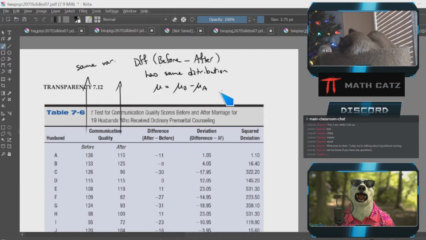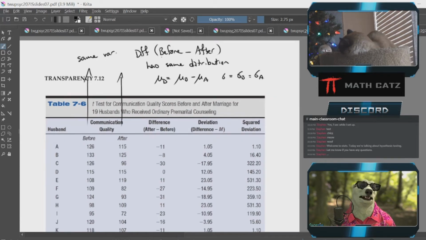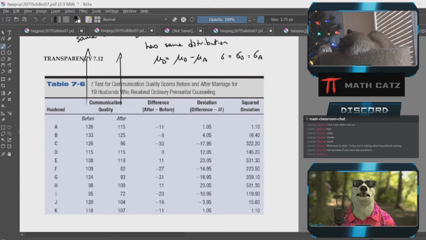Its variance will be the same as the before and the after variance. So the variance is a little different. We don't subtract those. The variance is the same throughout. So if we look at the difference scores, we can analyze the situation and see, does this difference mean, I'll put a D there, how does that compare to 0, essentially? Okay, so that's what we're going to do.